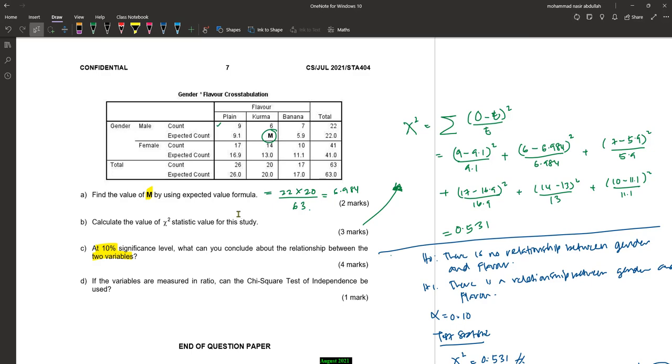So supposedly for categorical variables, it is nominal or ordinal only. If ratio or interval, it cannot be used, right? Cannot. That is one mark.